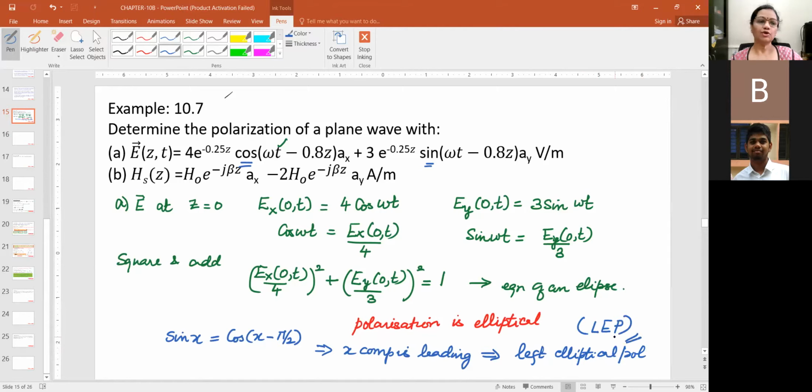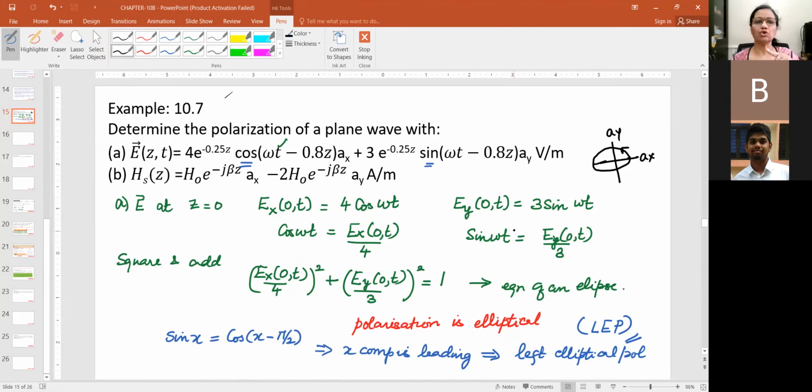In case you are not convinced with this answer, just plot and see. This is your AX, this is going to be your AY. Now plot and see in which direction the plot will rotate. You will find that it will rotate like this. Therefore it is left elliptical polarization.